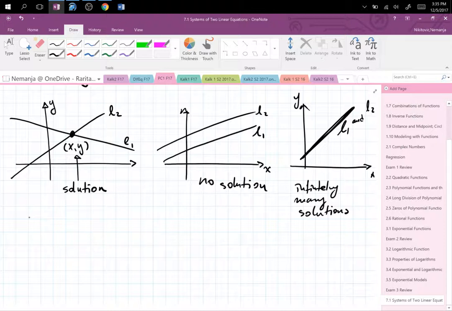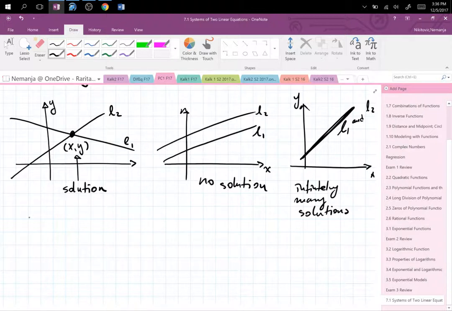So you don't really want to use graphing, because you have to be very, very precise with the execution of the problem. Otherwise, the lines are not going to intersect at the point.